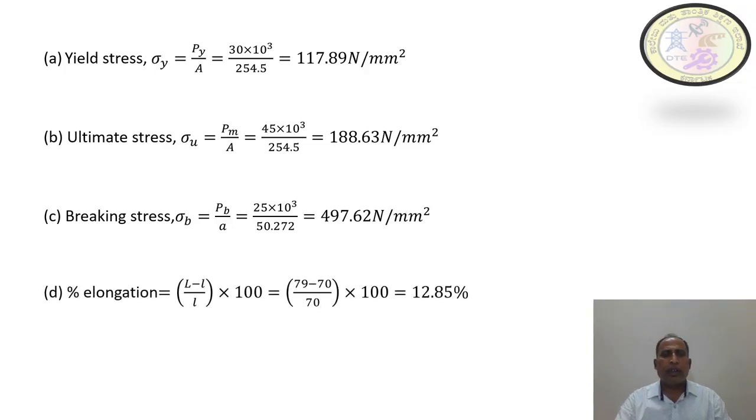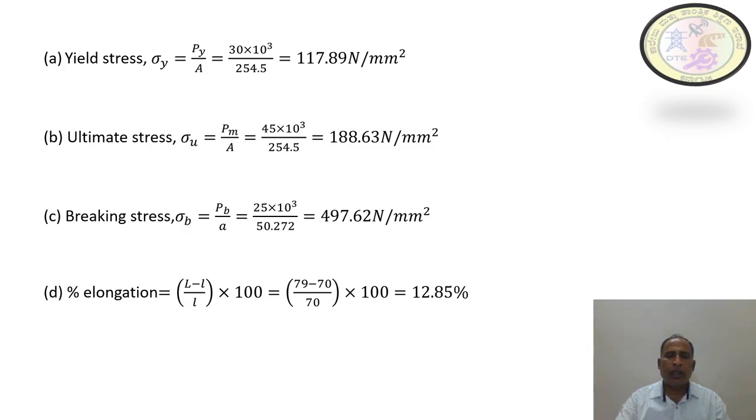Then percentage elongation, as you know, is the ratio of total extension by gauge length into 100, that is capital L minus small l, the total extension, divided by gauge length into 100. Final length is given in the problem directly, that is 79 minus original length, or the gauge length, 70, divided by gauge length 70 into 100.